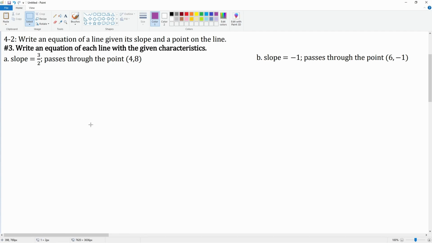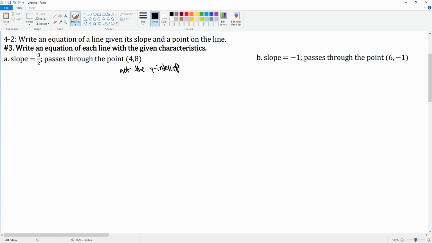4-2, you can write an equation of a line given its slope and a point on the line. Number 3, write an equation of each line with the given characteristics. Looking at these problems, I would like to tell you that the points you are given here are not the y-intercept.